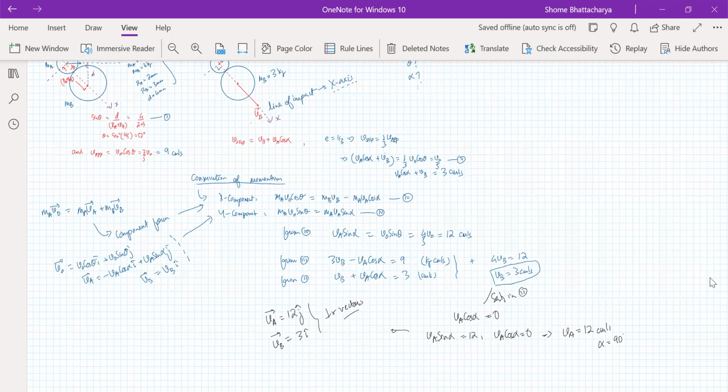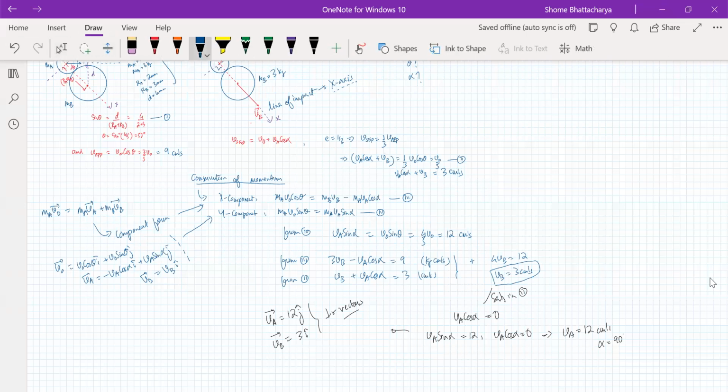Sir, how can D be less than the radius of B? How can it be 0 at any point? D is 0 when it's a head-on impact. That means the perpendicular distance is 0, so the initial velocity vector V0 is passing through the center of the other one. This is the situation, so that's why we said it's a head-on case.